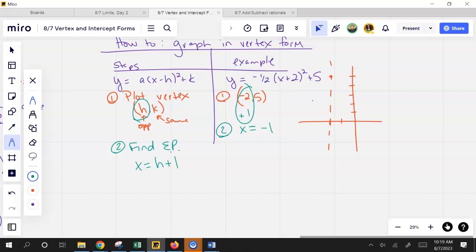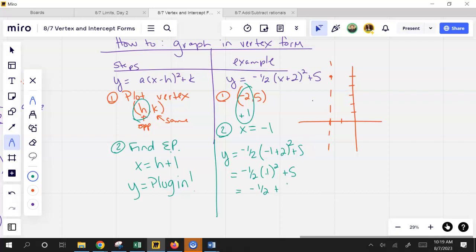How do I find the corresponding y value? You plug it in. So this is going to be -1/2 times (-1 plus 2) squared plus 5. -1 plus 2 is 1. 1 squared is 1. Times -1/2 is -1/2.